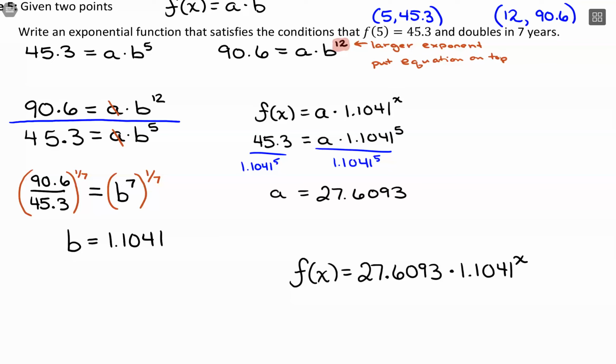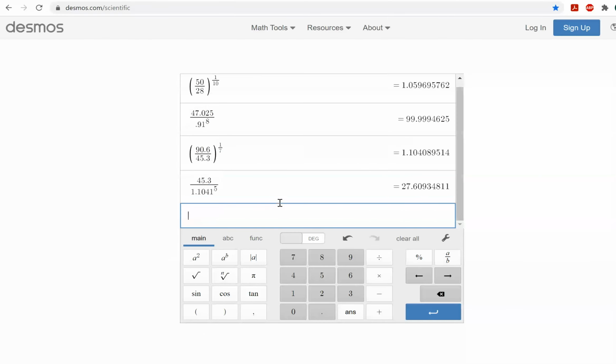We can check our solutions too, see if we plug in 5, if we plug in 12, how well it works. Now when we do that, these numbers are rounded, so we do want to keep in mind we might be a little bit off. But let's say we take that 27.6093 times 1.1041 and raise that to the 5th power.